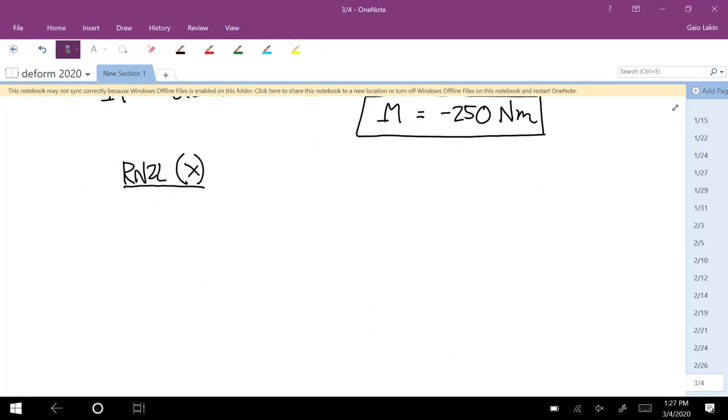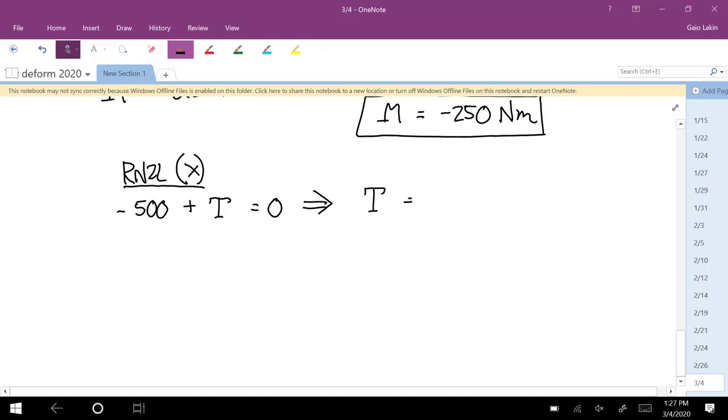So we have negative 500 plus fancy T is equal to 0. So fancy T, that internal torque, is equal to 500 Newton meters.